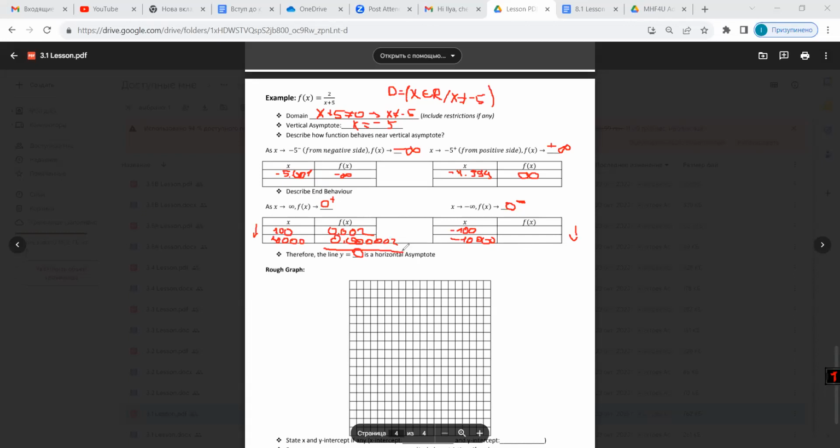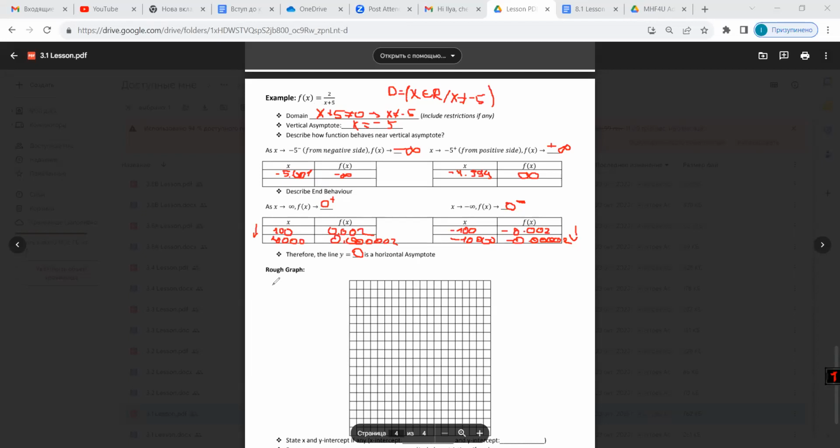You see, we're getting to 0 from the positive side. On the other hand, we would approach 0 from the negative side. Okay. So we have the conclusion that we have a horizontal asymptote.